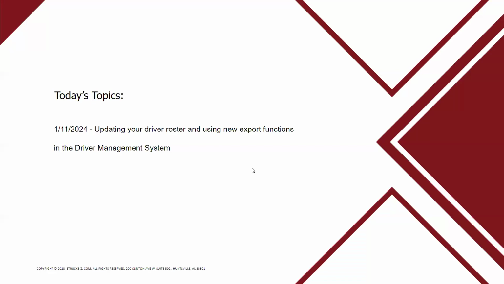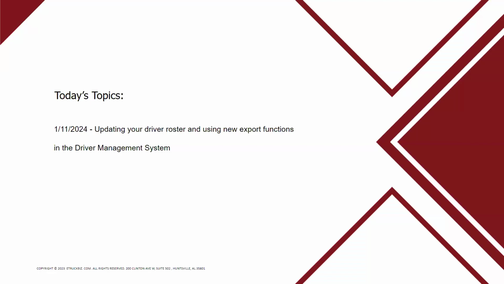So making sure that they're updated in our system is a really big deal because when they're updated in our system, not only can they clock in and complete their safety lessons, as long as we're a safety vendor for you, and clock in and out and see their schedule and things like that. But for you on your side, making sure that they're updated in the BOSS system is a really big deal because all of our reports, all of the analytics on your WSW and your settlement, all of those analytical things that are in there go based off of having your drivers and your trucks in there.